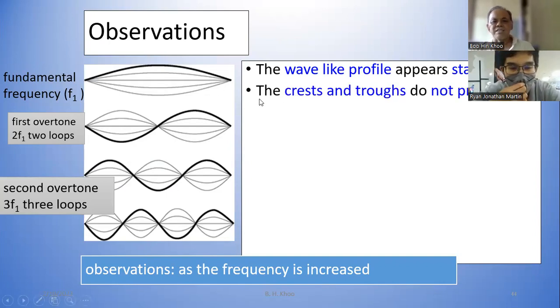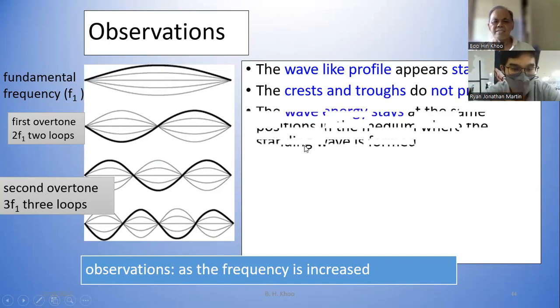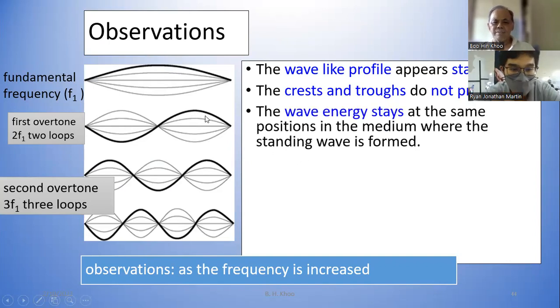The crest and the trough do not progress. It just goes up and down only. There's a trough, goes up, there's a crest, goes down. And the energy stays in the same place, it doesn't move.